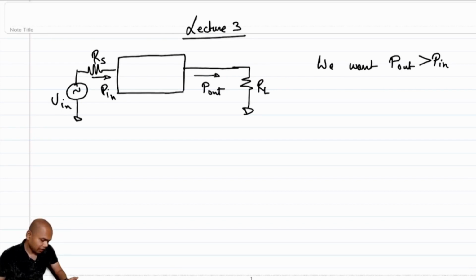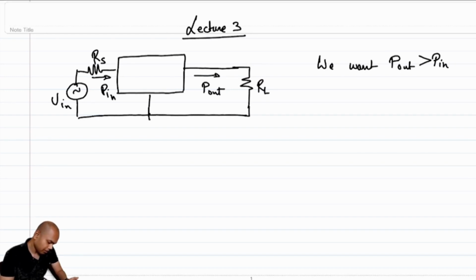So let's say everybody has a common ground, and let me take the ground out. A ground is nothing but a common terminal that everybody shares, or in other words, a reference terminal with reference to which all the node voltages are measured.